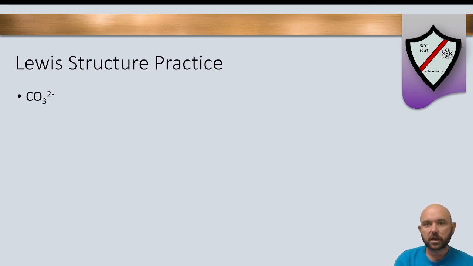Here on this slide, we have our first example of a Lewis structure being asked for one of our polyatomic ions. And so we're going to draw the Lewis structure for the carbonate ion, and we notice the carbonate ion has a 2- charge. So let's see how that affects our valence electron counts. We know that carbon brings 4 valence electrons with which to bond, and each of the oxygens brings 6.